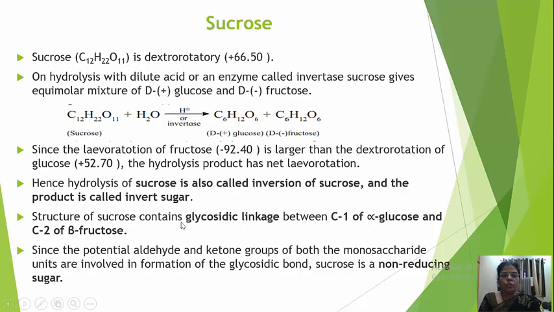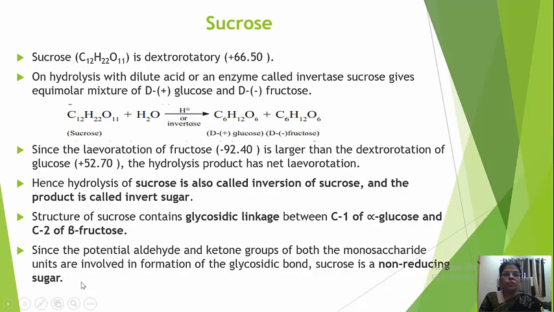The structure of sucrose contains a glycosidic linkage between carbon number 1 of alpha glucose and carbon number 2 of beta fructose. Since the potential aldehyde and ketonic groups of both monosaccharide units are involved in the formation of the glycosidic bond, sucrose is a non-reducing sugar.